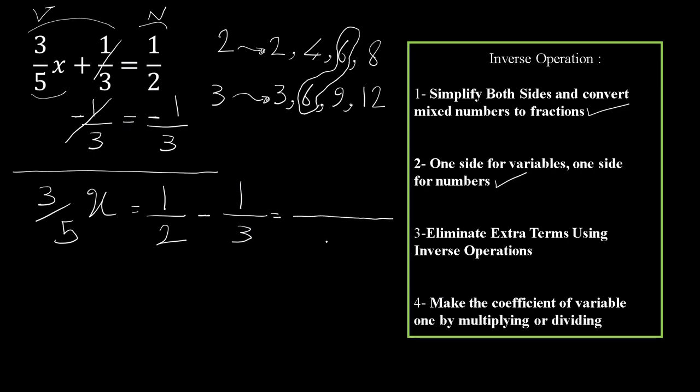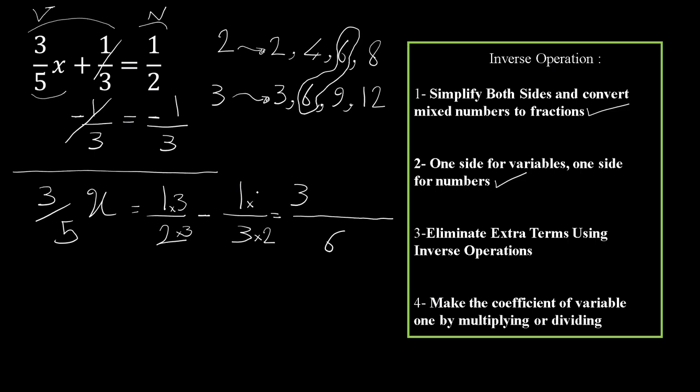I expect you to know how to calculate a common denominator. But in the first one, I'm going to do that for you. So 2 is converted to 6, so it means 2 is multiplied by 3. So 1 must be multiplied by 3 too. So 3. 3 is converted to 6. It means 3 is multiplied by 2.